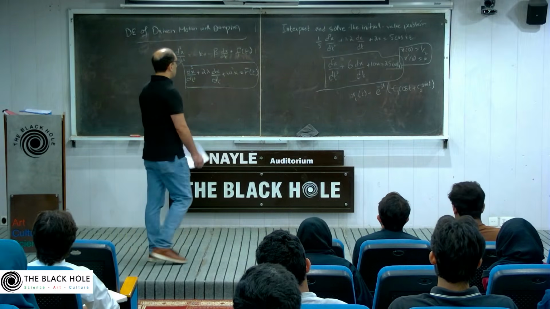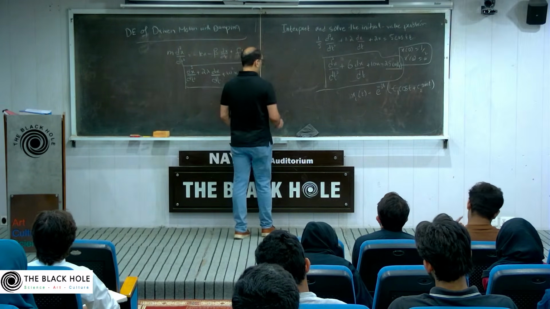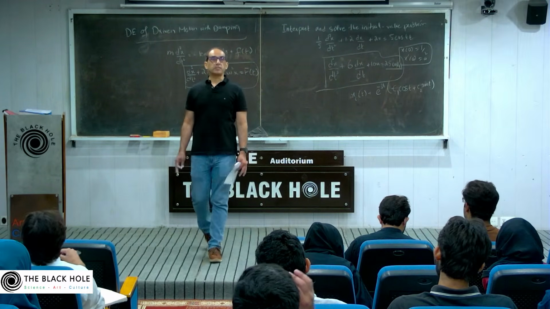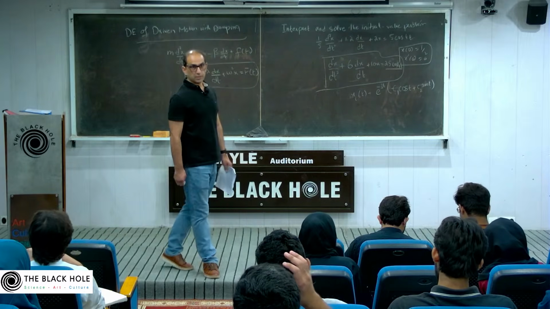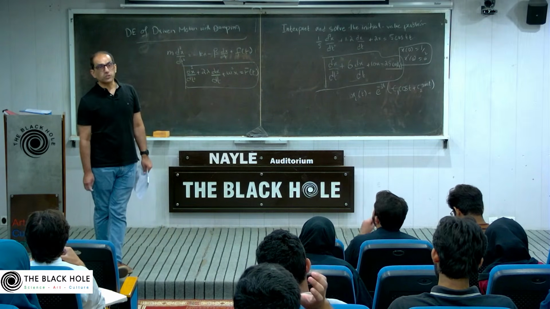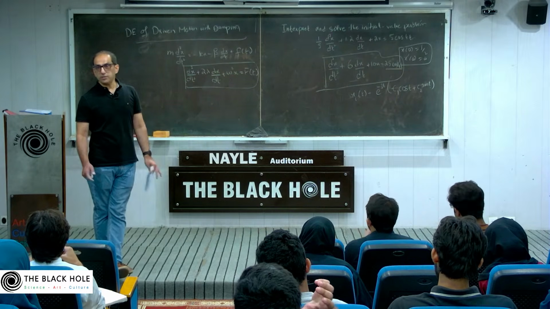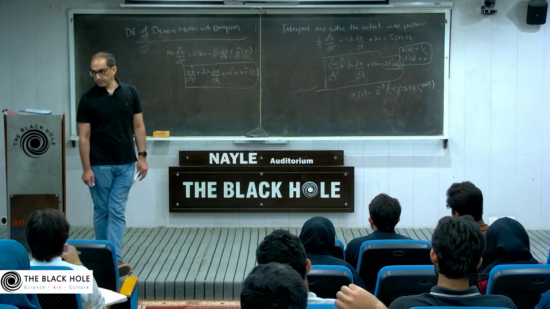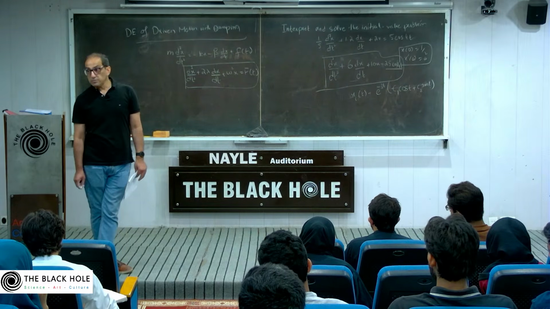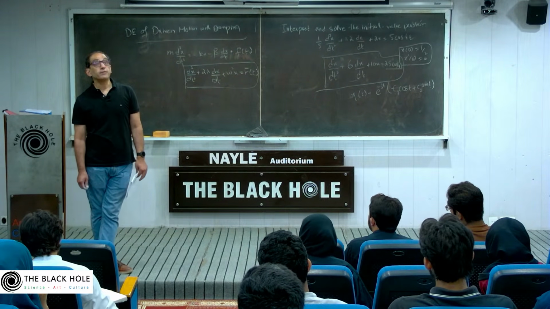Okay? So let me write down now the complete solution. Using the method of undetermined coefficients, if you have to solve for 5 cosine of 4t, what does the particular solution look like?